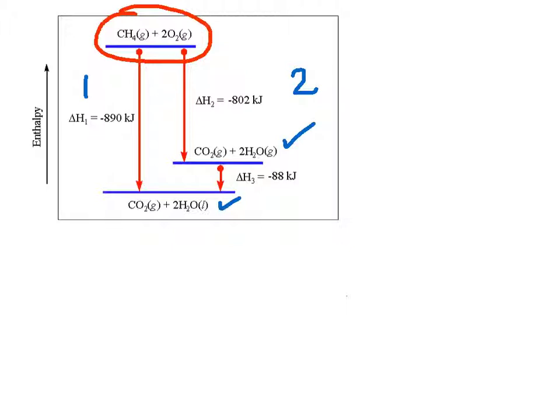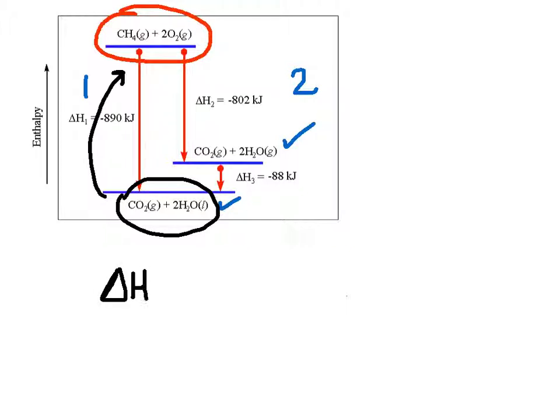Now, a couple of things that you want to make sure that you take away when you think about doing these problems. If I'm going to run a reaction in reverse, let's say that I wanted to go from the CO2 and H2O down here back up to that, so run the reaction the opposite way. Well, when we ran it forward, maybe we'll call it delta H of the forward reaction, so I'll put a big F down there.